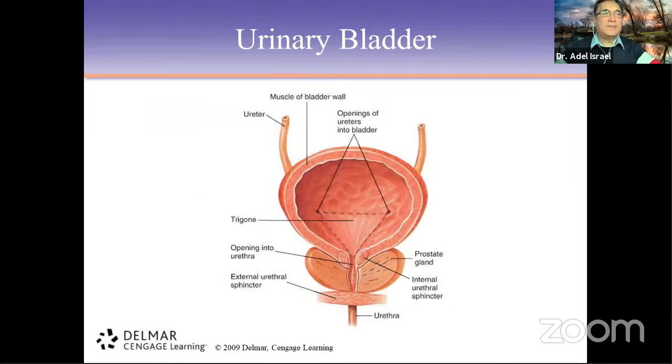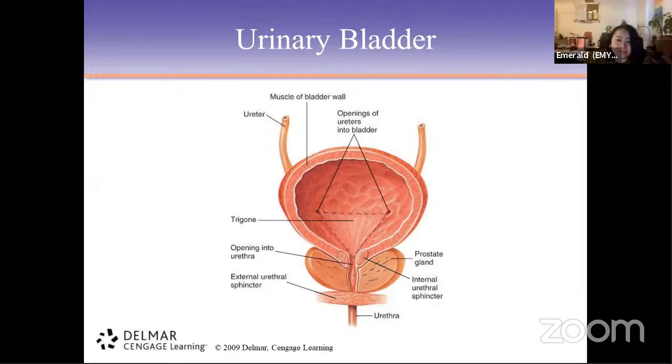Here we have a wonderful slide. What do you think, male or female? This slide is for male or female? Female. Who said female?